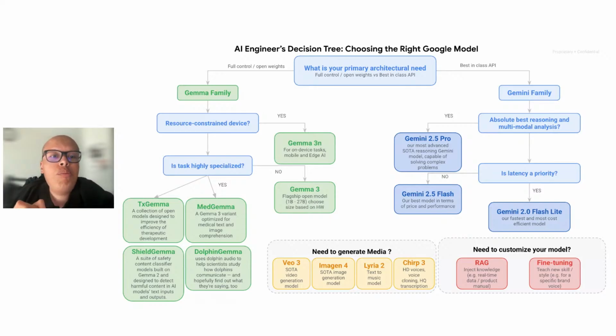This is our most advanced state-of-the-art reasoning model, capable of solving very complex problems. If we need a trade-off between price and performance, then Gemini 2.5 Flash is the answer.